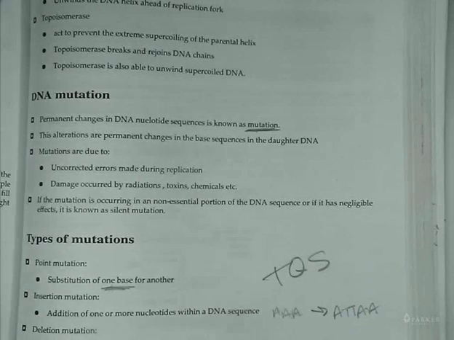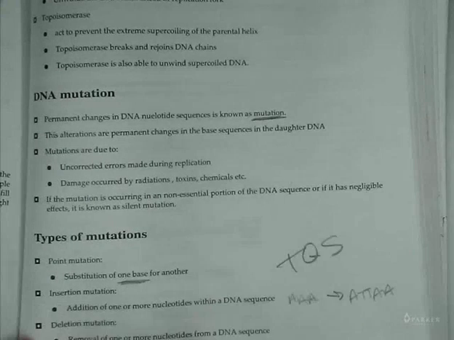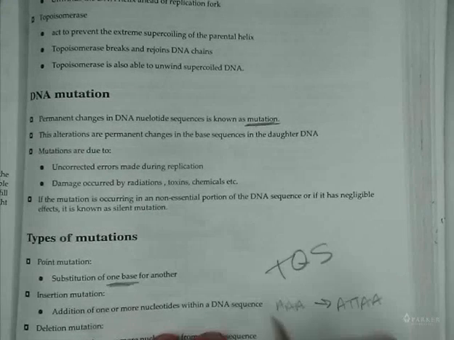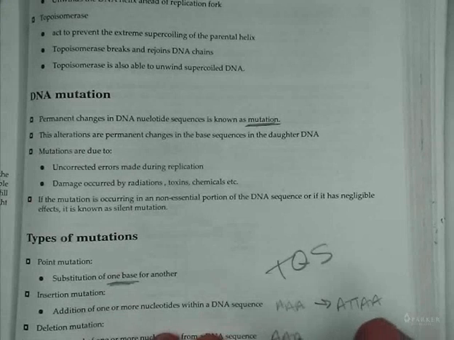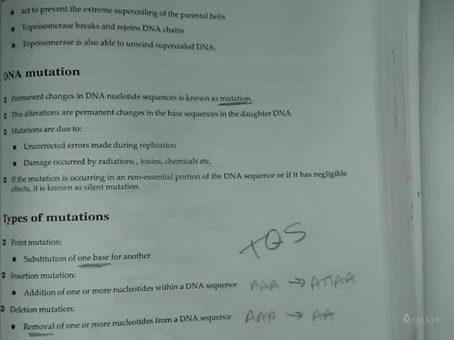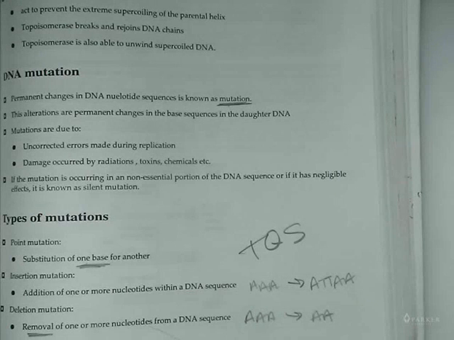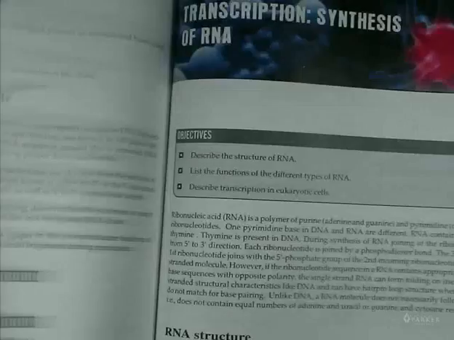It's inserting itself in there. Deletion mutation is the removal, so it's the opposite of the insertion. So that would be going from AAA to just 2 A's. So then that means the daughter strand might get off track too. Exactly. So all these types of mutations can potentially have effects on the daughter strands.